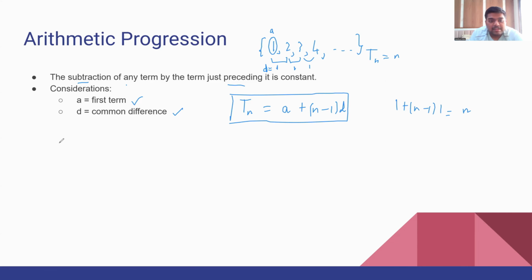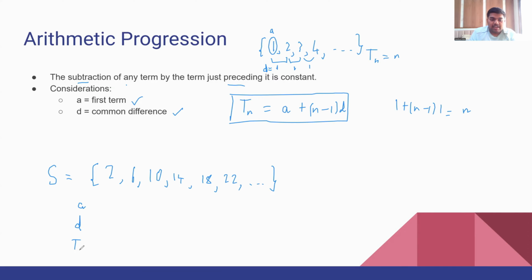So let us check an example. Set S is equal to 2, 6, 10, 14, 18, 22, and so on. Right. Now, what is the first term? What is the common difference?